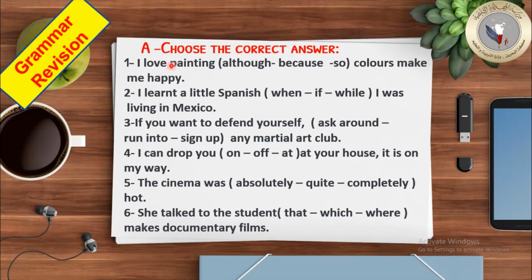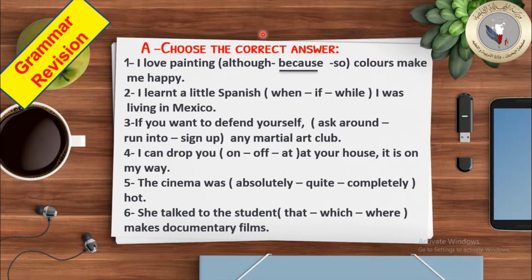Okay, so I love painting. Why do you love painting? If I ask myself, why do you love painting? Because colors make me happy. So of course it would be what? Because. Okay?